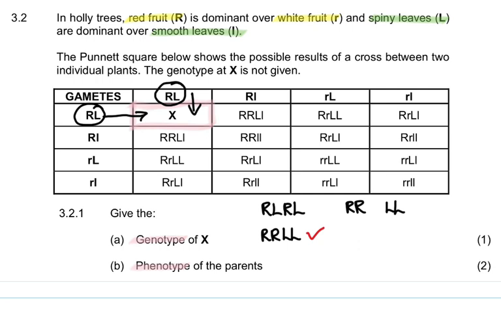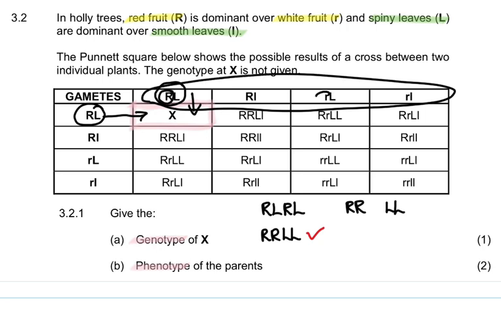So let's have a look. If we look at the parent that is here at the top, you'll see that we've got a capital R and a small r. So we know that parent 1 will have a capital R and a small r, and if you look at the L's, capital L and a small l.